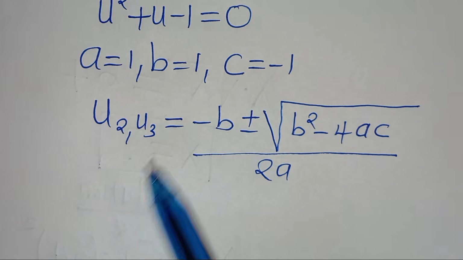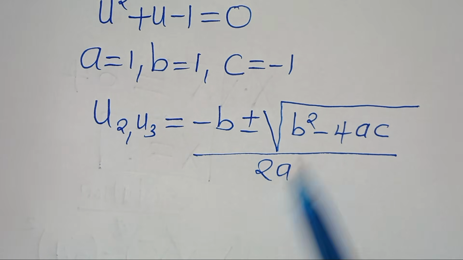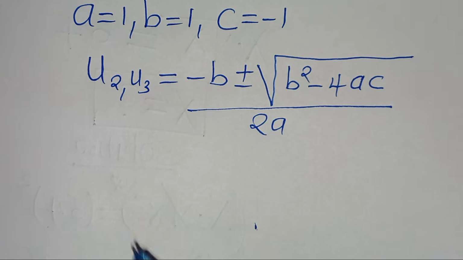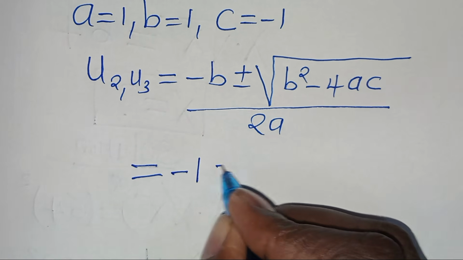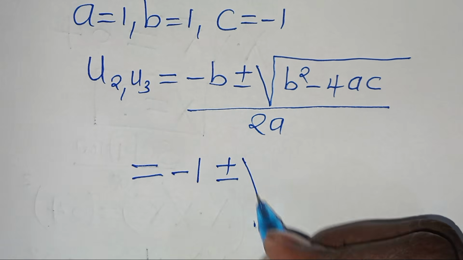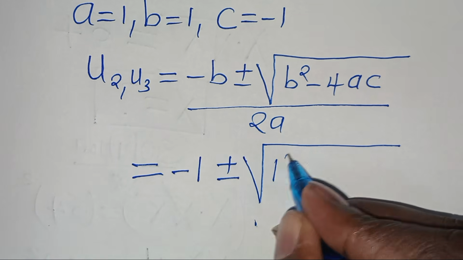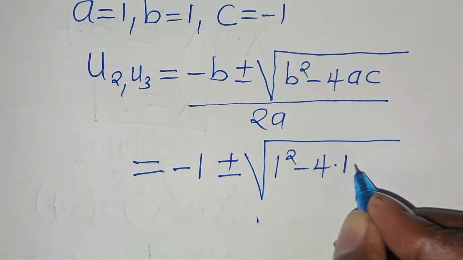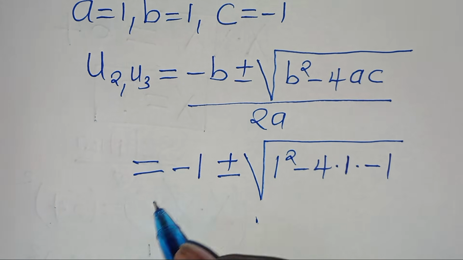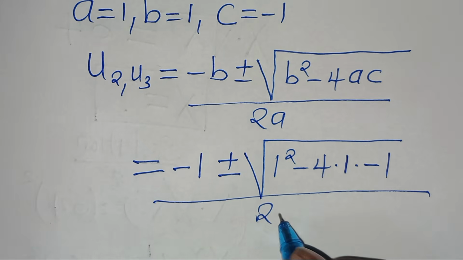So let's substitute the values of a, b, and c into this formula here. So we have negative 1 plus or minus the square root of 1 to the power of 2, subtract 4 times a, which is 1, times c, which is negative 1, divided by 2 multiplied by 1.